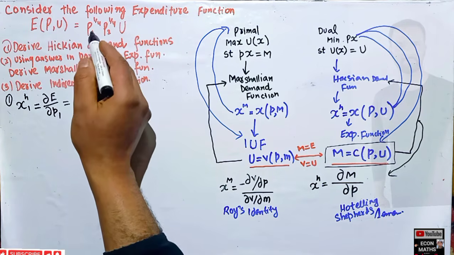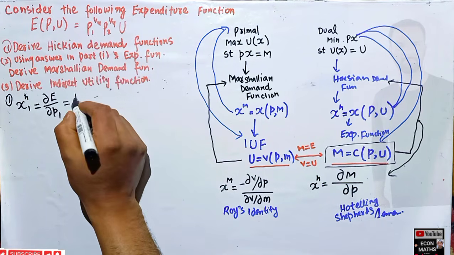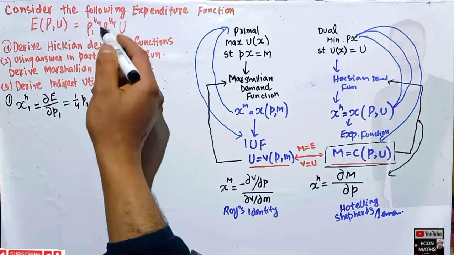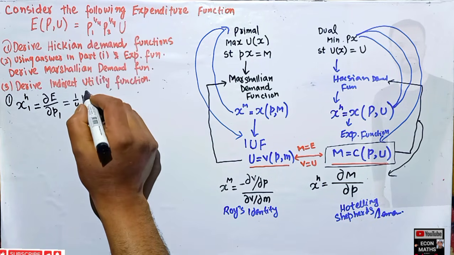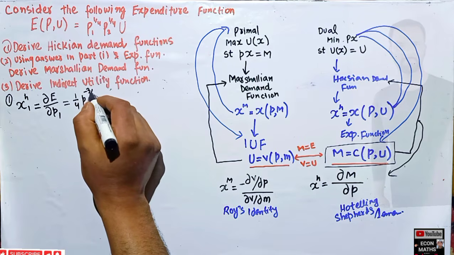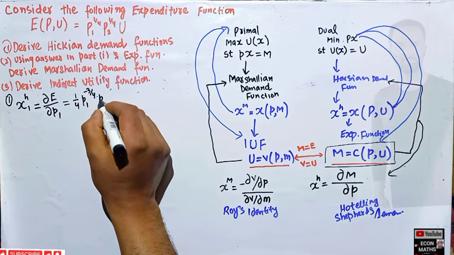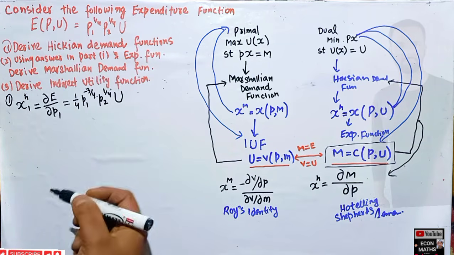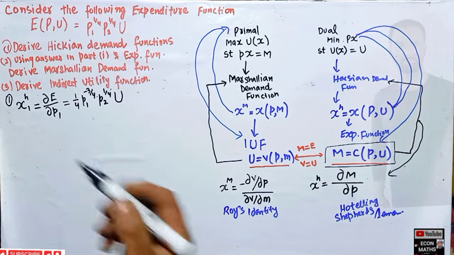So this 1/4 will become the coefficient, then we have p1 with the exponent subtracted by 1, so this becomes minus 3/4, then we have p2 to the 1/4, and obviously we have this u here. This gives us the Hicksian demand function.